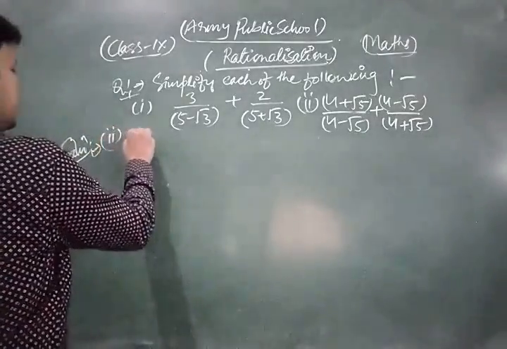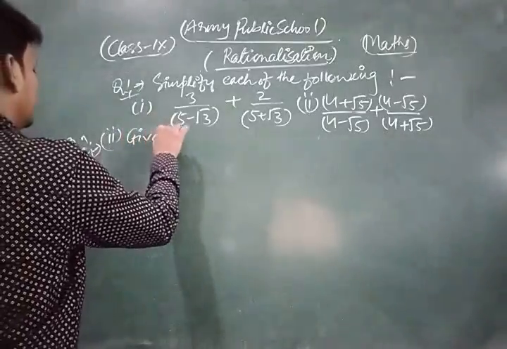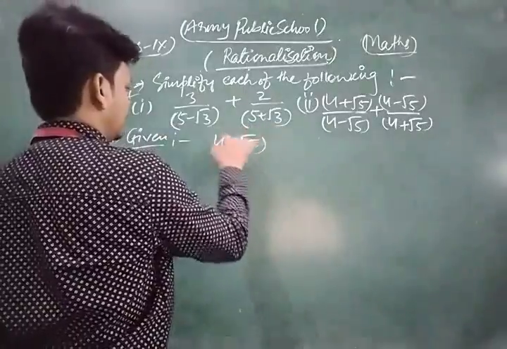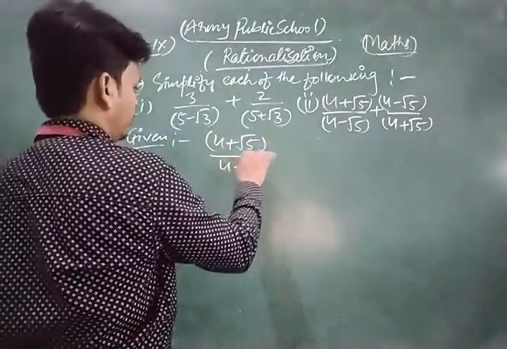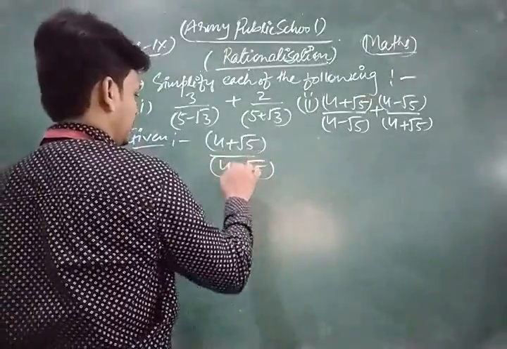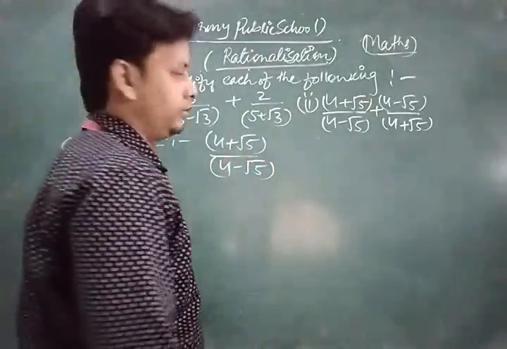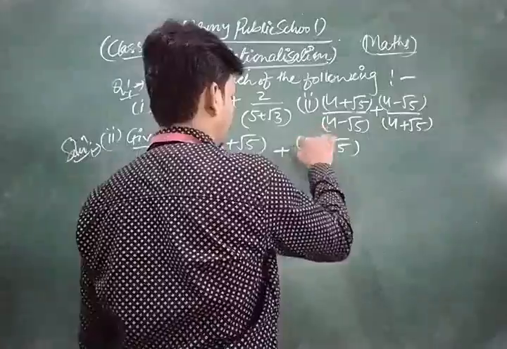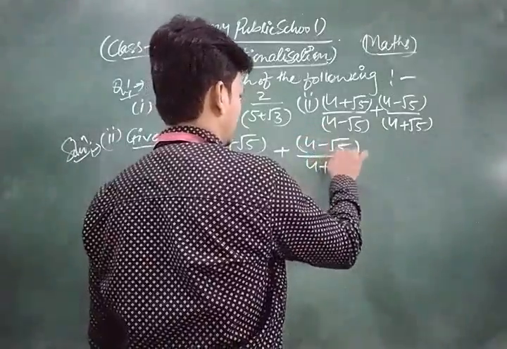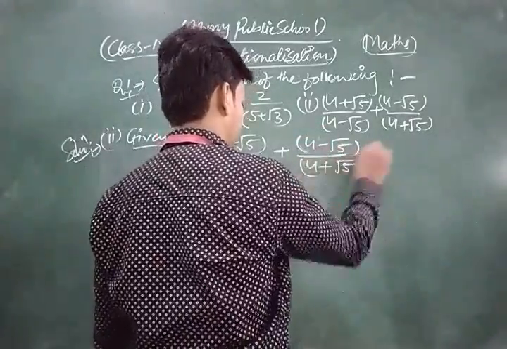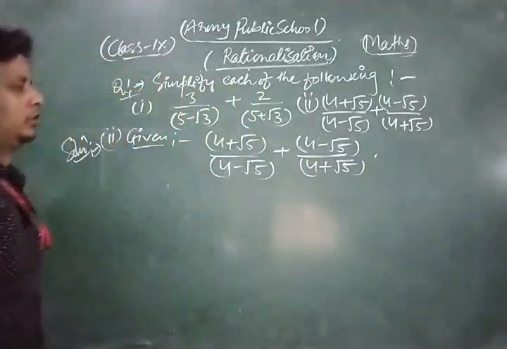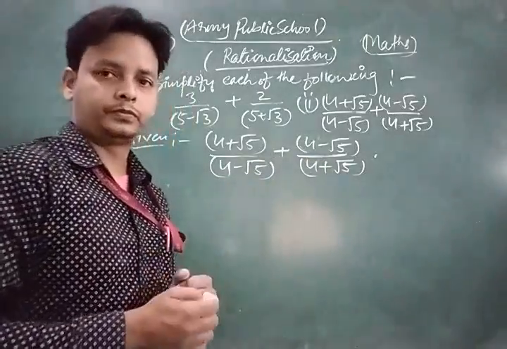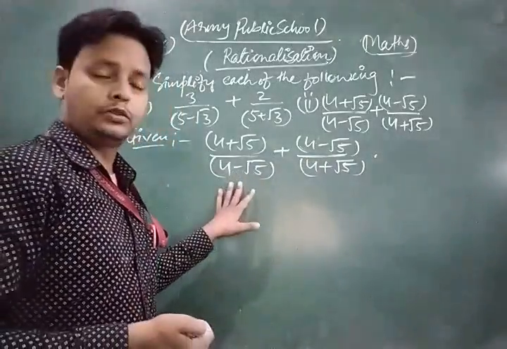Second part of this question is, so first of all, the given expression is 4 plus root 5 upon 4 minus root 5, plus 4 minus root 5 upon 4 plus root 5. Okay, now what do I do for that?